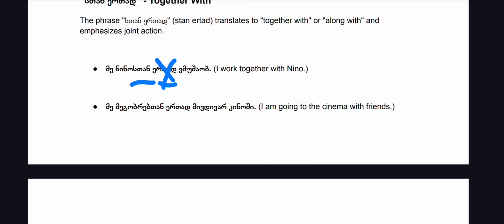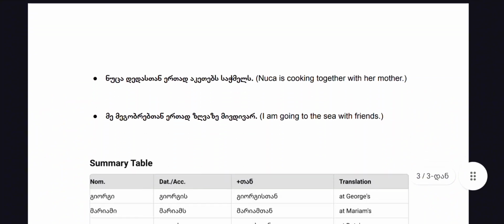But if you remove ერთად, it means that you're working at Nino's place. Me Ninostan ვმუშაობ means that you're working maybe in her office or in her house. Me მეგობრებთან ერთად მივდივარ კინოში. I'm going to the cinema with friends. ნუცა დედასთან ერთად აკეთებს საჭმელს.